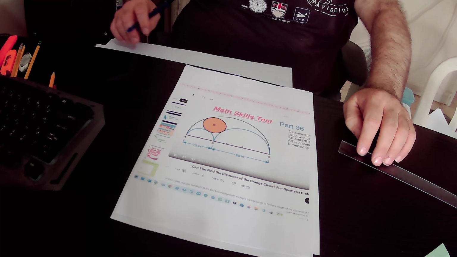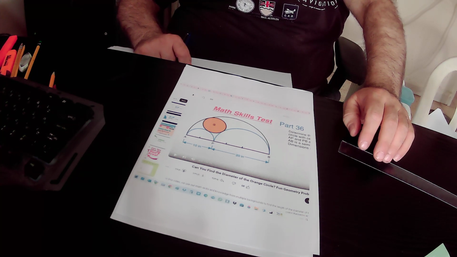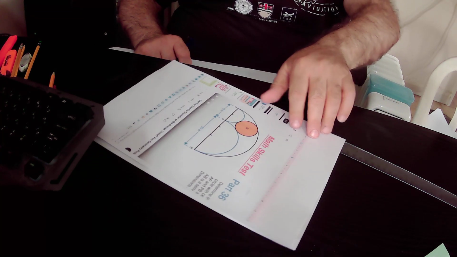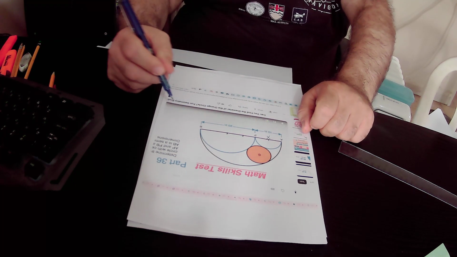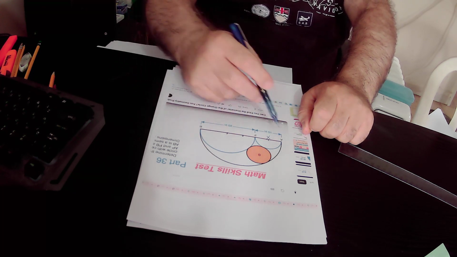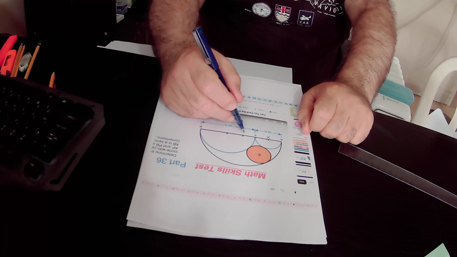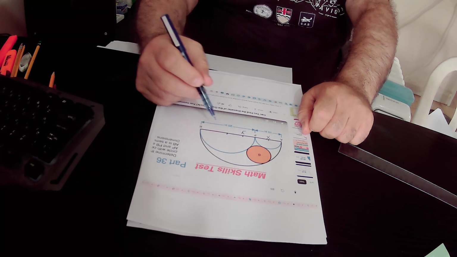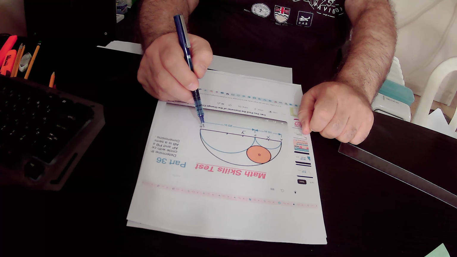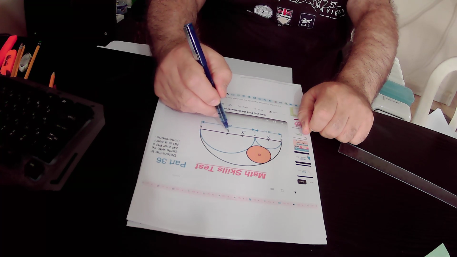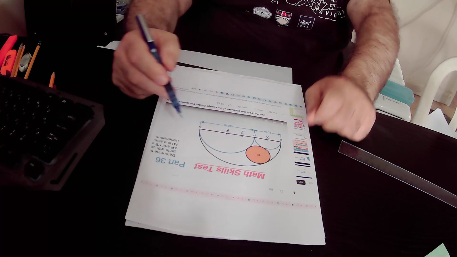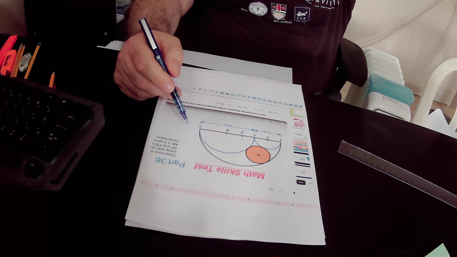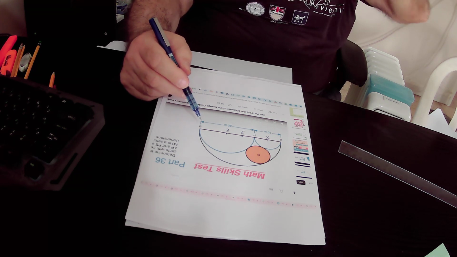So in the first step we will define the center of this small semicircle as point X. We will define the center of the biggest semicircle as point Y, and we will define the center of this semicircle as point Z. We know that the center of the orange circle is at point C. In the next step, we join the centers of the semicircles with the center of the orange circle.